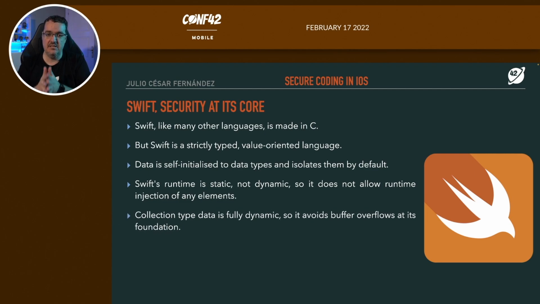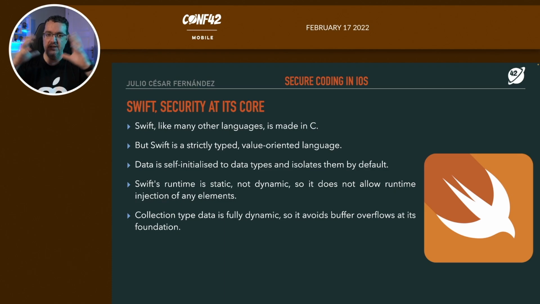Collection types are even fully dynamic, so it avoids buffer overflows as its foundation. A string, data, an array, or dictionary has no initialization for the initial storage.